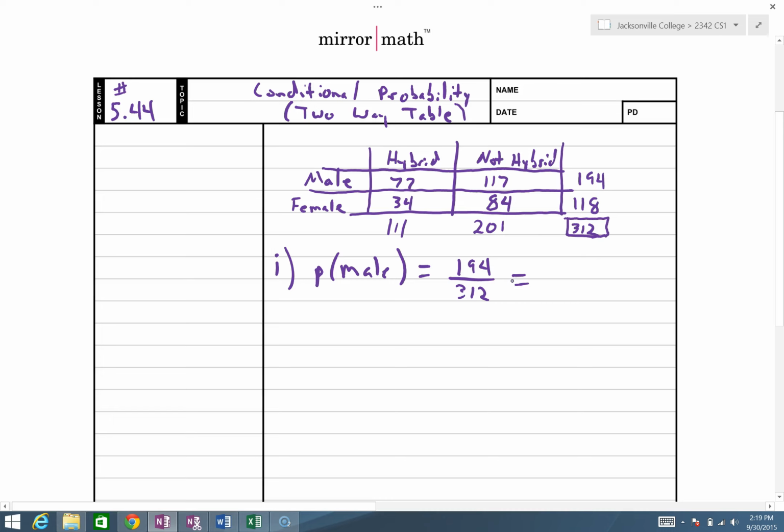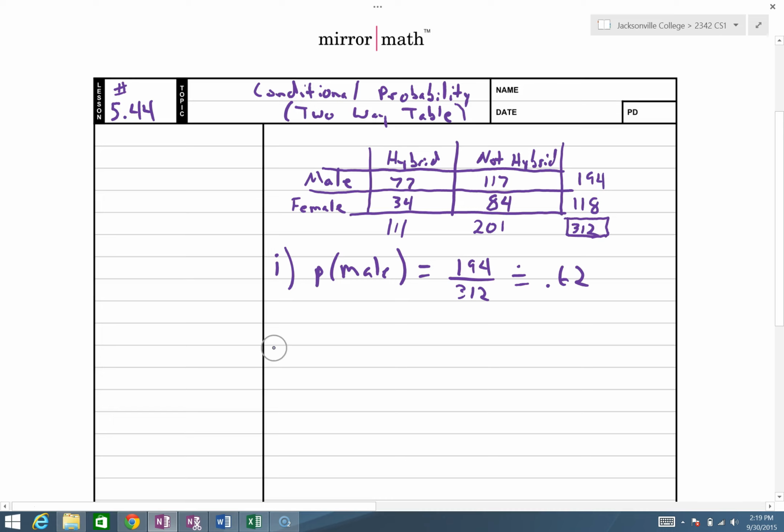And 194 divided by 312 is approximately 0.62, or 62%. So we have more men than women. If there's 62% men, there's going to be 38%, or 0.38, women.